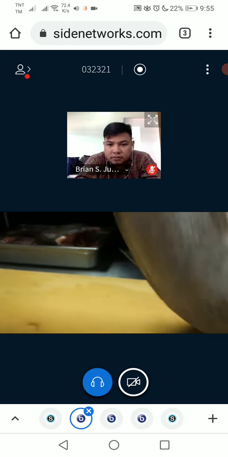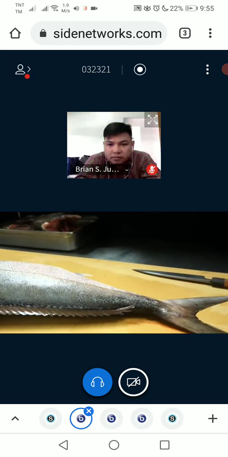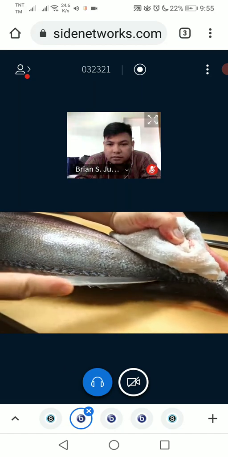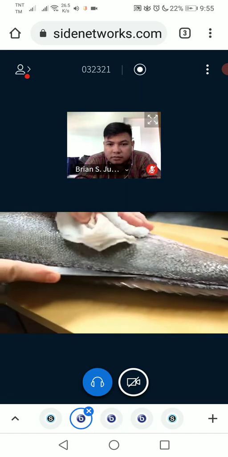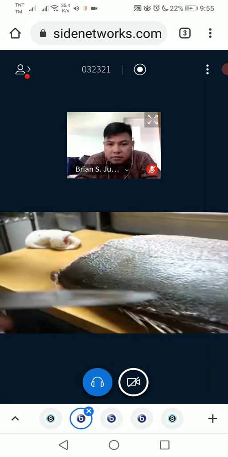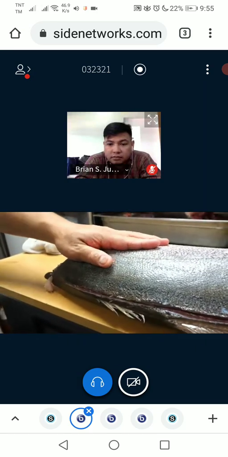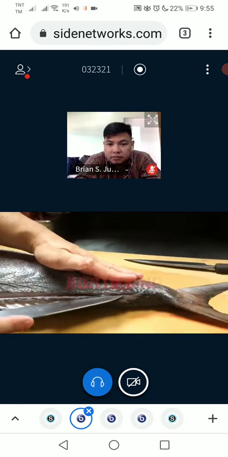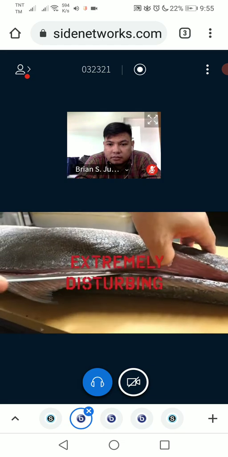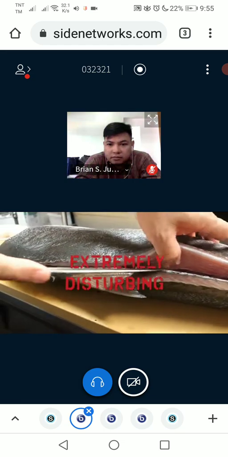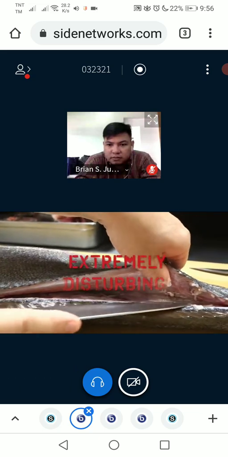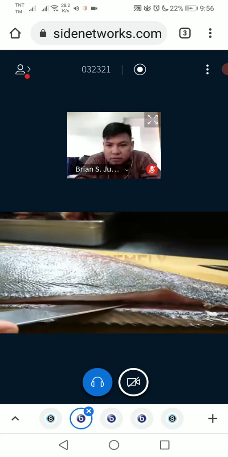Then I'm going to the back side, and slide all the way. Then come to the next one. You can see the bone here. It's the same bone, but at the other side.